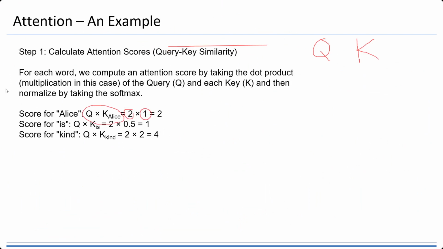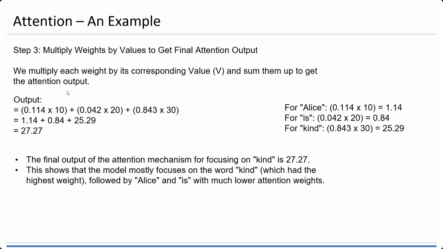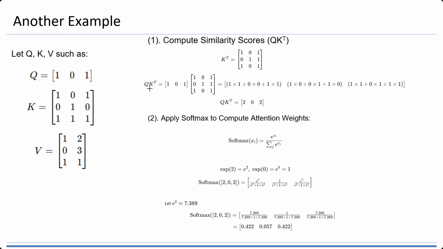But when you do it with a matrix, we call this the similarity score. It is the multiplication of the Q multiplied by K transpose, K T, where the T means transpose.